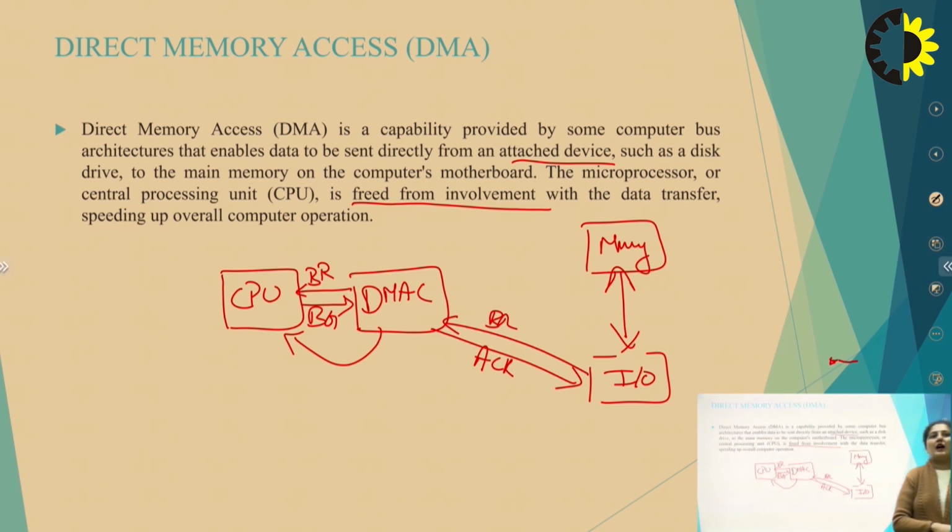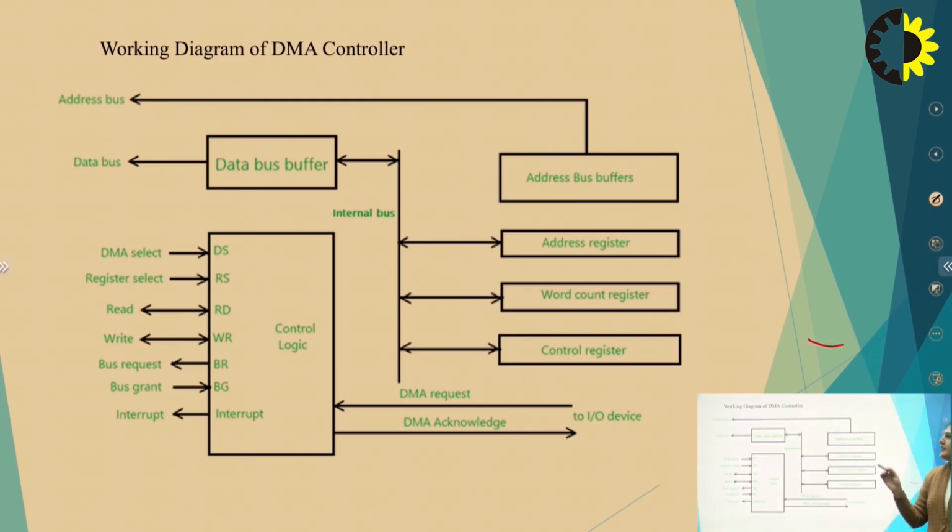Let us see the overall function of the DMAC, how it is made. So this is the overall working of the DMA controller. You are seeing there is an address bus that carries the address of the data. There is a data bus that carries the data.